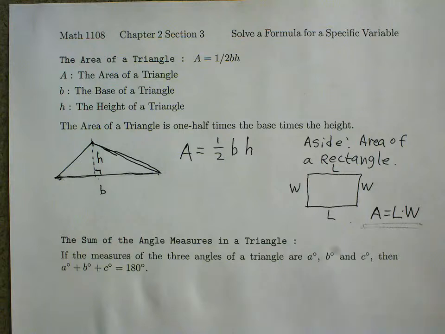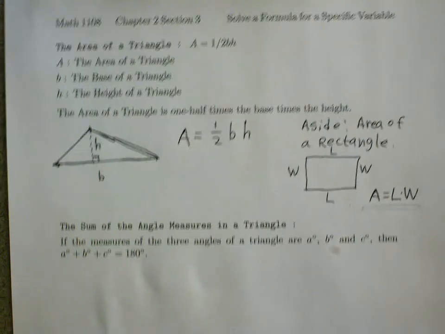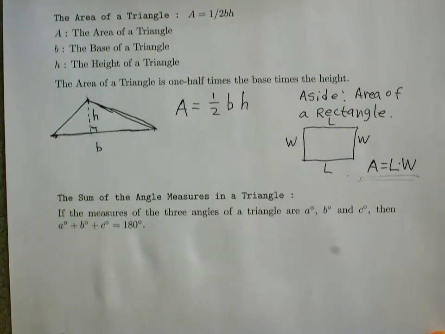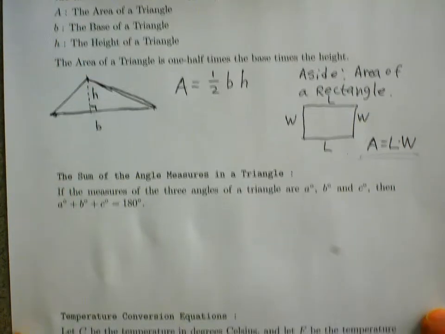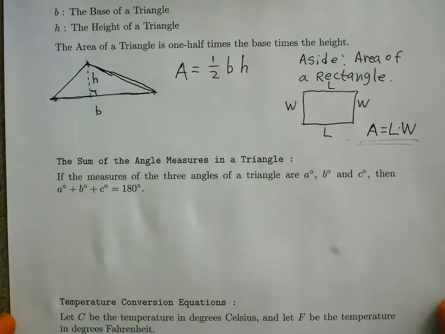Okay, the next formula is the sum of the angle measures in a triangle. For any two-dimensional triangle, if you add up the measures of the three angles, it has to add up to 180 degrees.